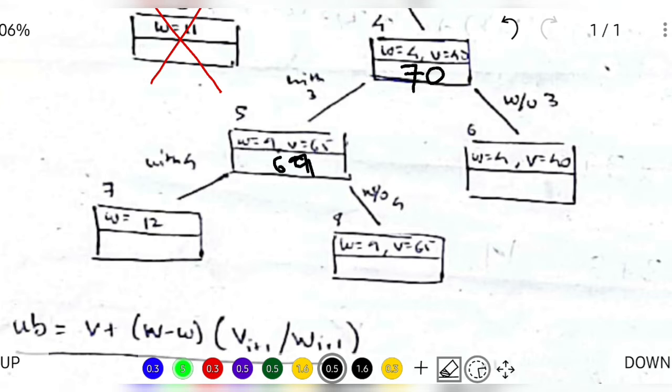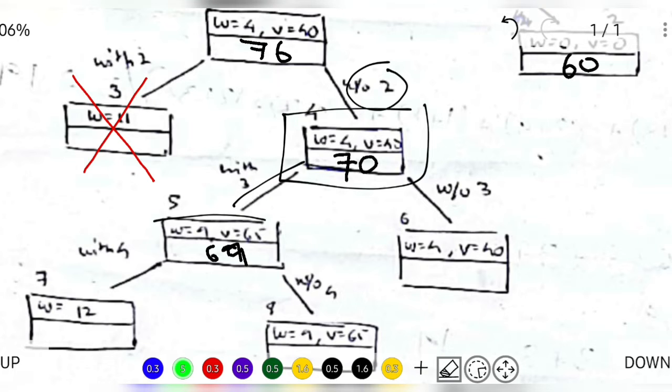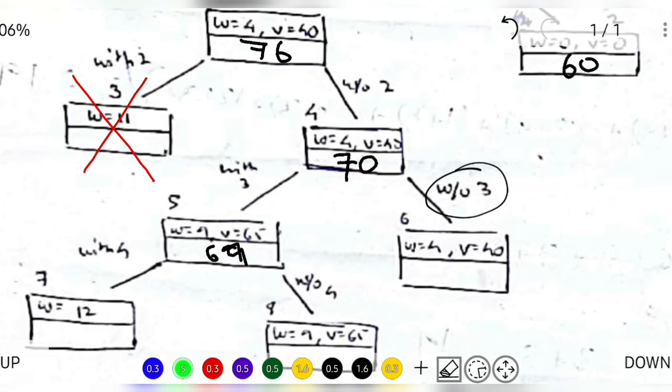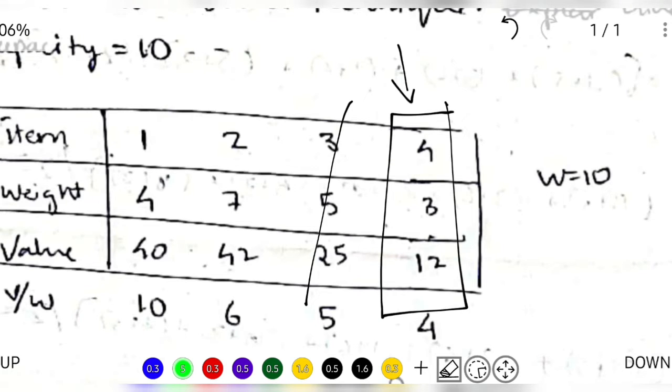Now the second possibility is not including object 3. Till object 2 it was not included, and if I include object 3 I can get 65, and then the upper bound will be 69. And here, without including object 3, what can I do? If I don't include object 3, that means this one is not included. The next possibility for finding out upper bound is including object 4.